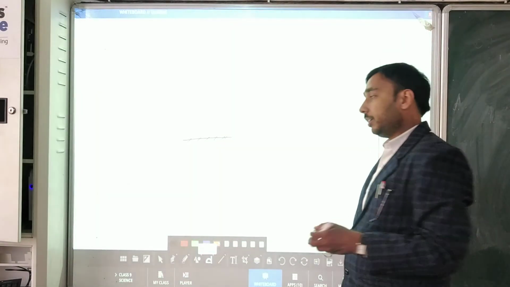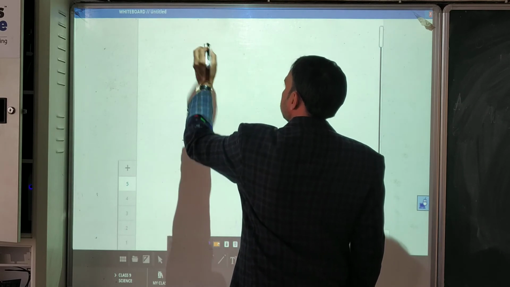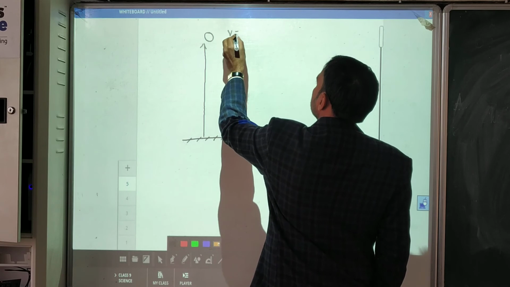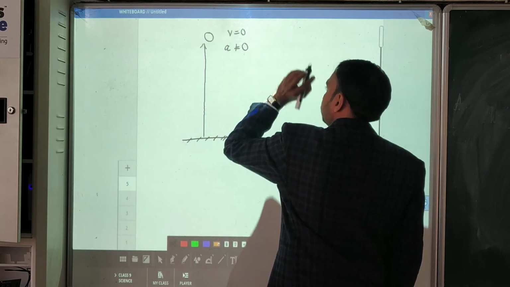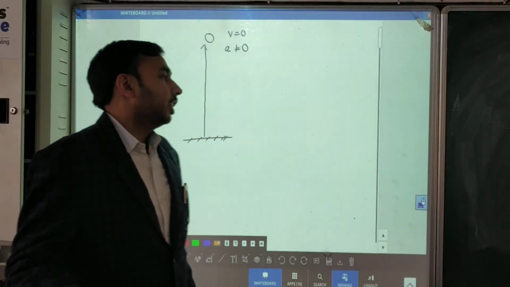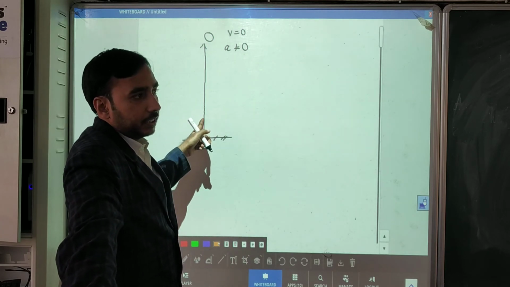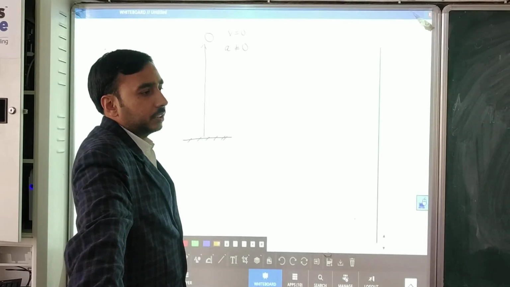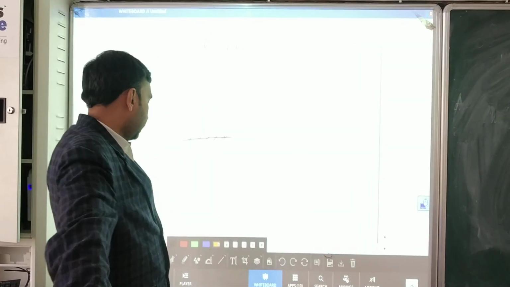And suppose we send the body upward, at the highest point the body will have velocity 0, but remember its acceleration is not 0. It is the acceleration due to gravity because of which it will fall down again. So a body may have non-zero acceleration and velocity 0 at that time. This is one aspect of our discussion.